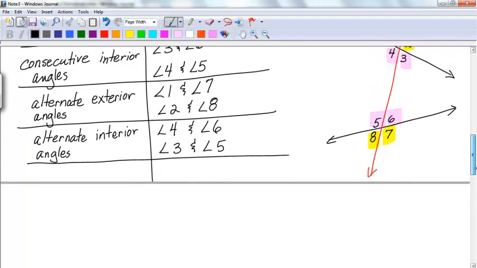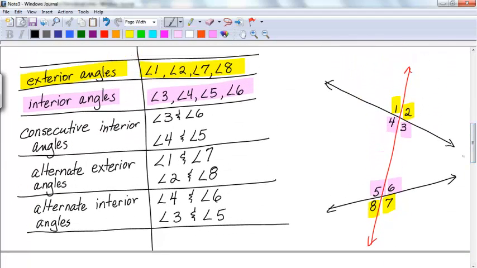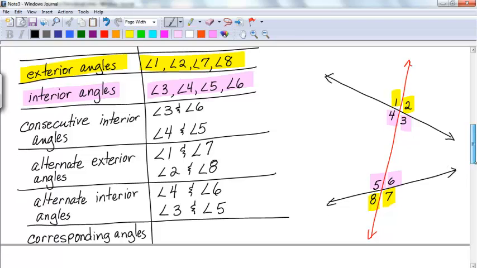The last one on the list is corresponding angles. Make sure you spell it correctly. C-O-R-R-E-S-P-O-N-D-I-N-G.